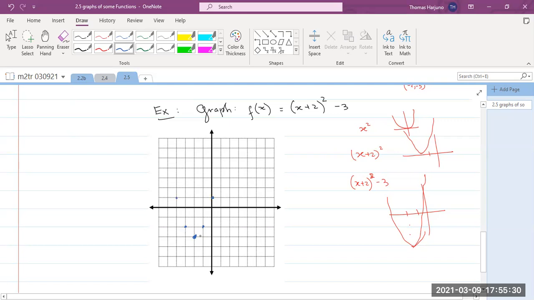From vertex, move 3 units to the left, right, we go up 9. So the graph will look approximately like this, and the graph becomes a lot more accurate. Now for those important coordinates, I need you to bubble it.